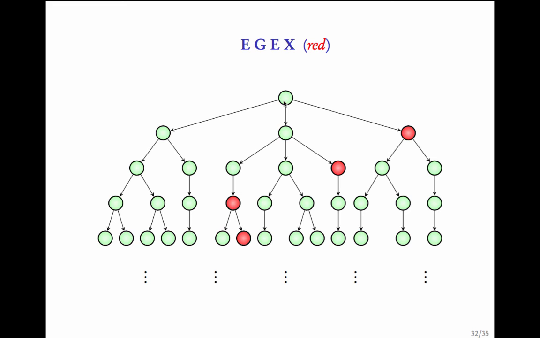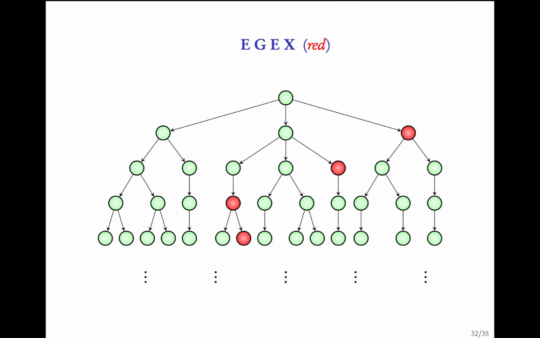So if you look at this path, every state in this path satisfies EX red. So this path satisfies G of EX red, and since this is a path in the tree, we write exists GEX red.